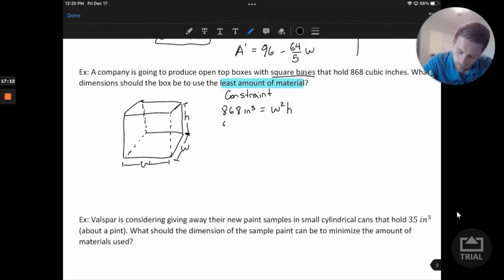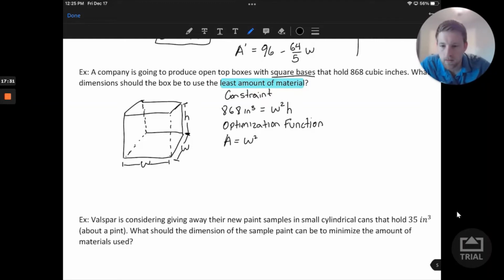Let's do that optimization function. My area is going to consist of, well, the area of the base, we call that just W squared. That's the area of the base. We only have one of those. And then each of our walls, we have one wall, two walls, three walls, and then the face here is a fourth wall.